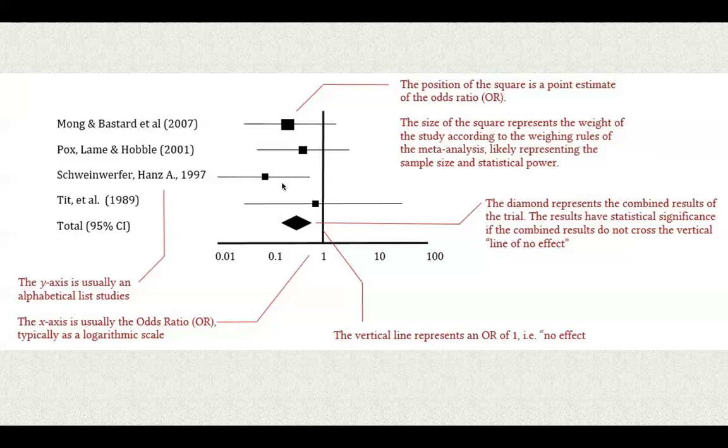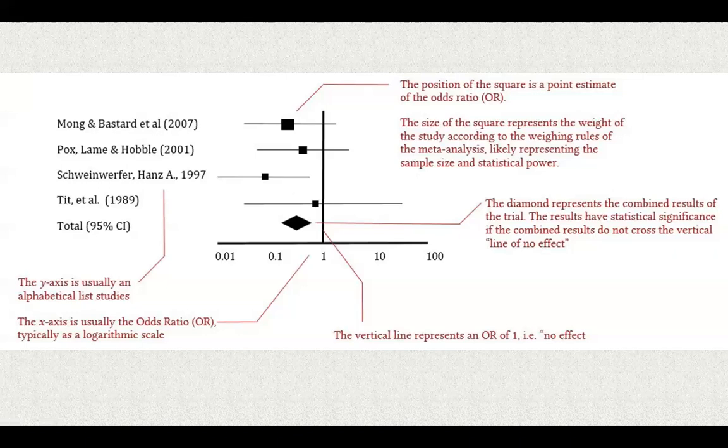This whole line from here to here represents the confidence interval. And if you compare these two studies, the confidence interval line is much wider as compared to this study. Remember, the shorter these horizontal lines, the more precise that study is. Okay, so these horizontal lines represent the confidence interval.